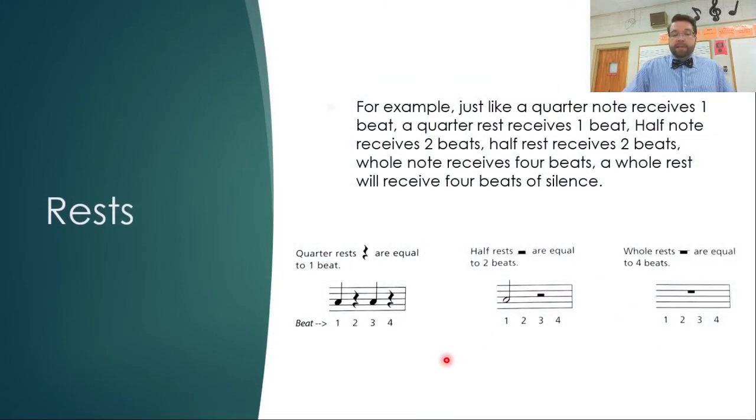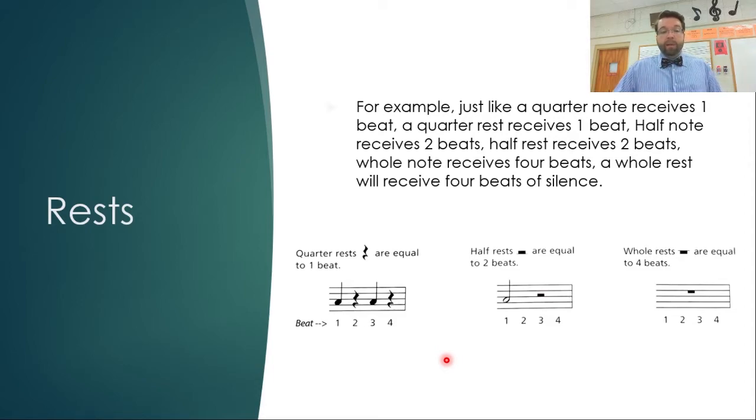Now, just as I said before, the quarter rest gets 1 beat. So each of these rests indicates the amount of silence each beat has. So for the quarter rest here, again, it's equal to 1 beat of silence.